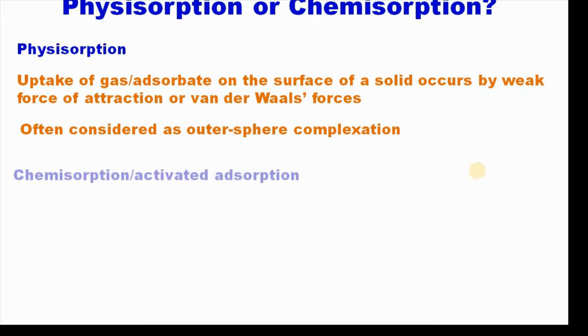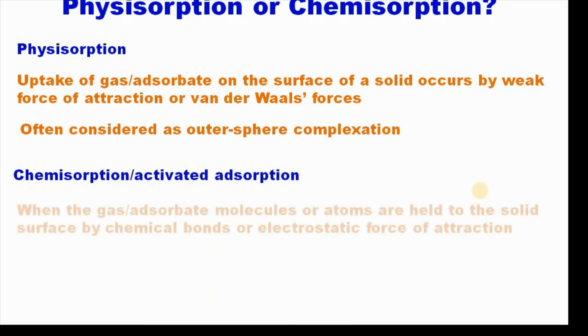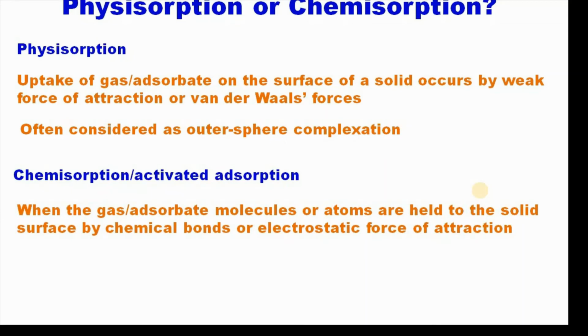On the other hand, chemisorption or activated adsorption, when the gas or adsorbate molecules or atoms bound to the surface by the formation of chemical bonds such as hydrogen bond or electrostatic force of attraction, then it is considered as chemisorption or activated adsorption.